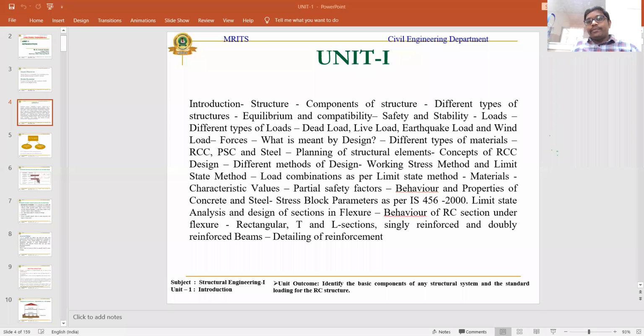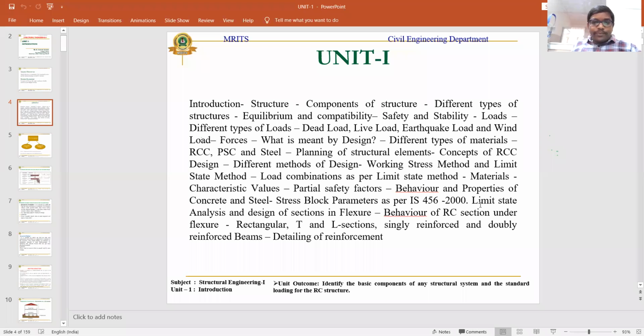And the spacing between one horizontal bar and the next horizontal bar is known as the spacing of distribution bars. These are the cross-sectional details used for designing any structural member.